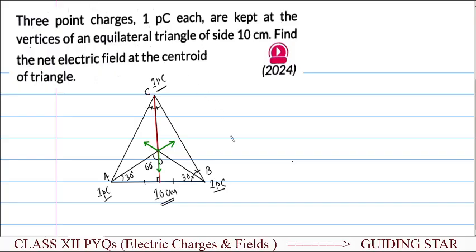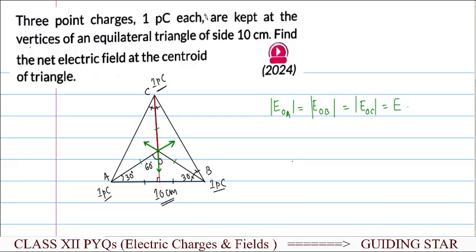Clear? Now as the charges are equal, and the distances of this geometric center from each of the vertices are also the same, and the charges are of equal magnitude, the electric field at O due to A magnitude wise will be the same as the electric field at O due to B, and that should be equal to the electric field at O due to C, and that should be equal to E itself.